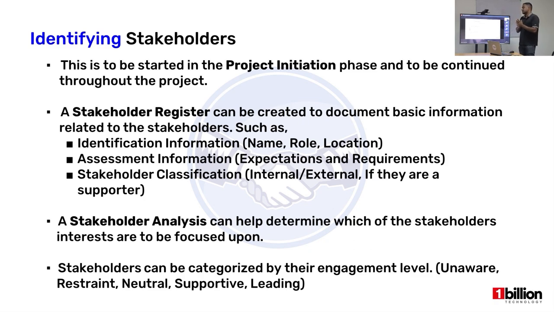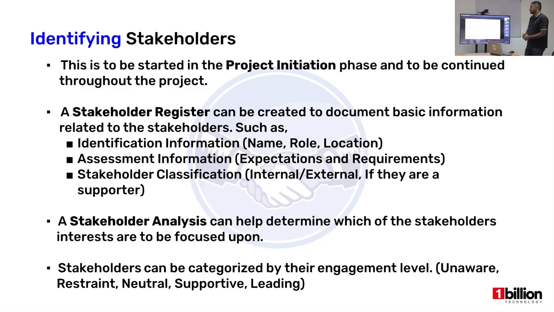And then we have something called the stakeholder classification, and you can classify stakeholders by various criteria, but the most basic classifications you can make are whether those stakeholders are internal or external, and whether those stakeholders support the project or they don't. All right, so that is the stakeholder register, and a stakeholder analysis can be held, which can help determine the stakeholders' interests and what needs to be focused on when dealing with stakeholder management.